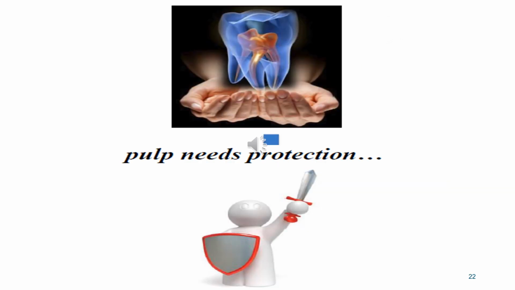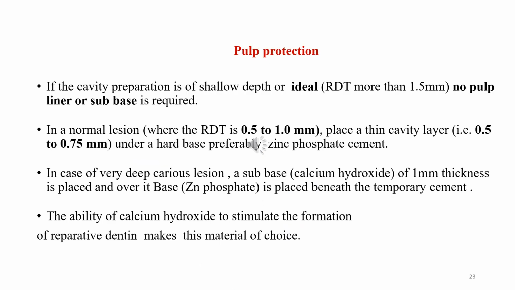The next step is pulp protection. The criteria for pulp protection is as follows. If the cavity preparation is of shallow depth, that is the remaining dentine thickness is more than 1.5 mm, then no pulp liner or subbase is required. If the remaining dentine thickness is from 0.5 to 1 mm, then a thin cavity layer, that is a liner, under a hard base, preferably zinc phosphate cement, has to be given.